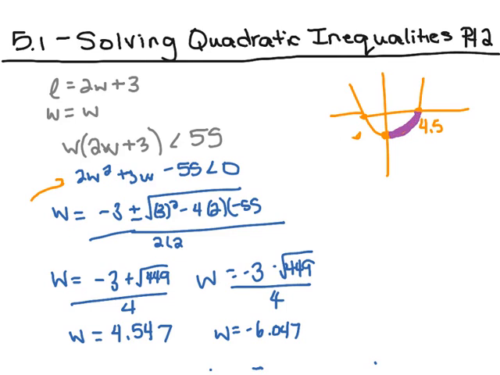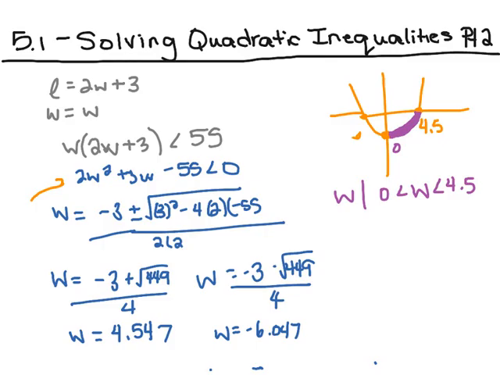We can't have anything past that. So our boundaries would be 0 less than w, which is our variable, less than 4.5, because this is our 0. So for any w between 0 and 4.5, it should work.